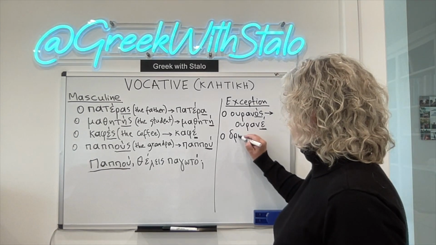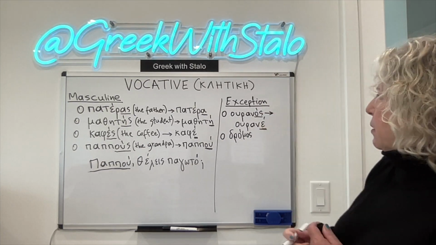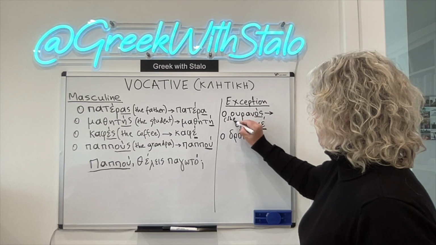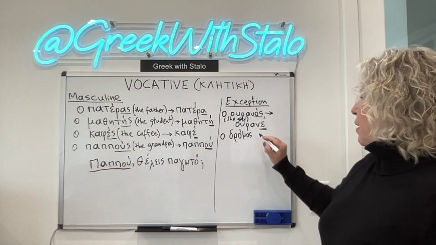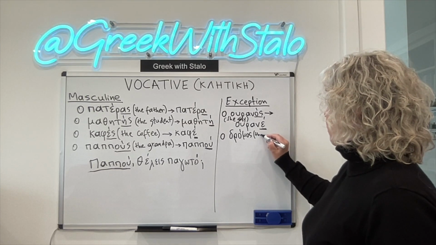Ουρανός, by the way, means sky, the sky. Ο δρόμος means the road.